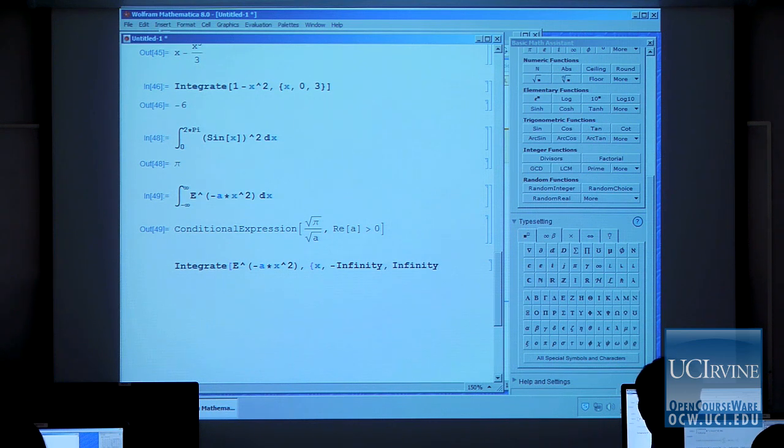Okay? And now I can put in my list of assumptions. So I can say Assumptions arrow, a is greater than 0.